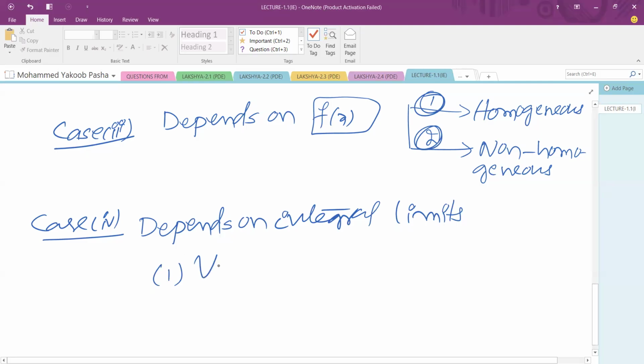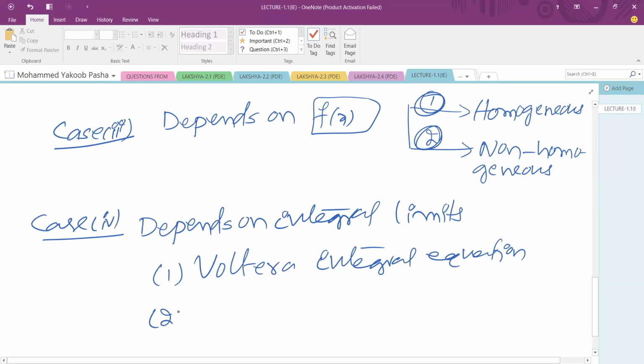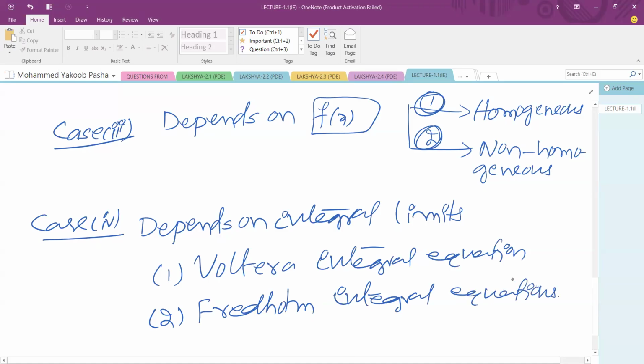First one is Volterra integral equation, very important. And second one is Fredholm integral equation. Okay.